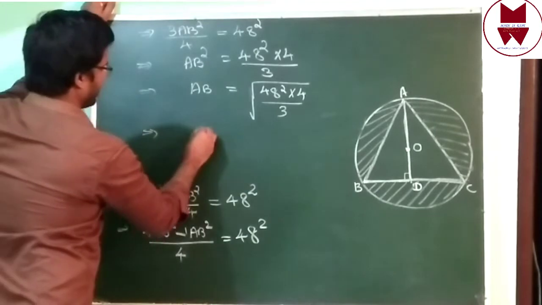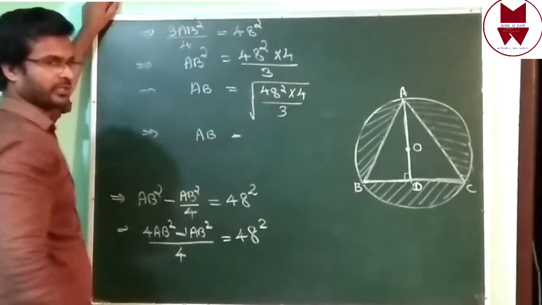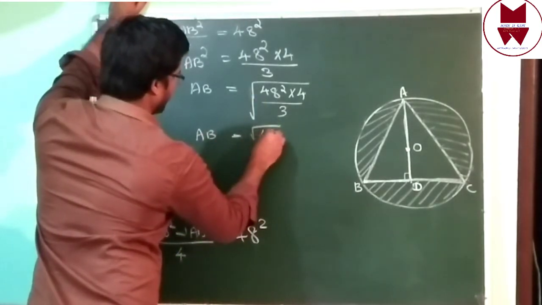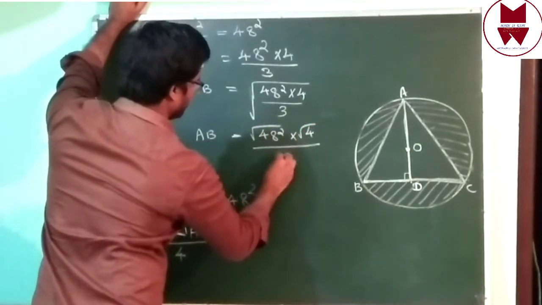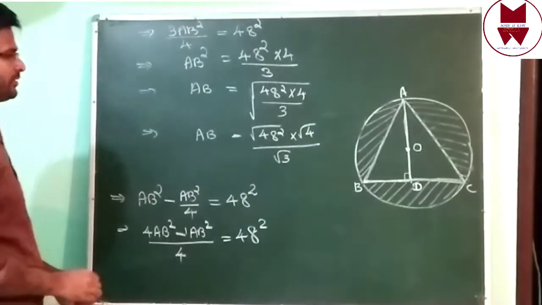Taking the square root, AB equals root of 48 square into root 4 divided by root 3.